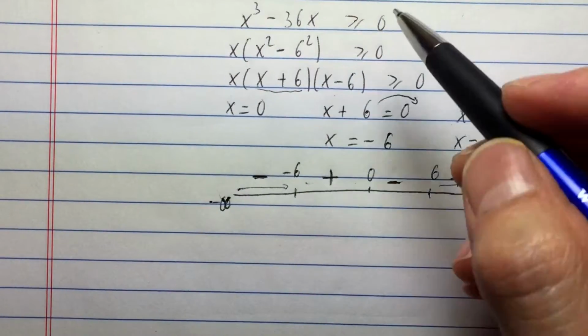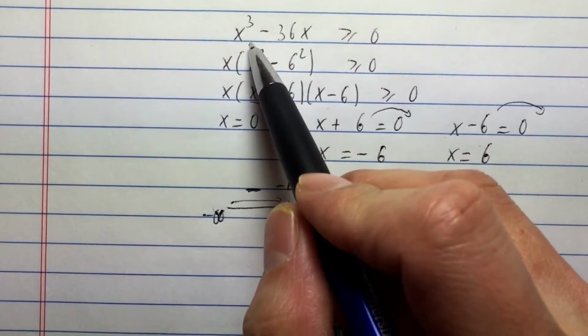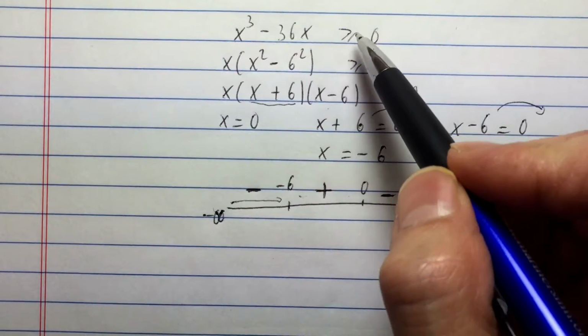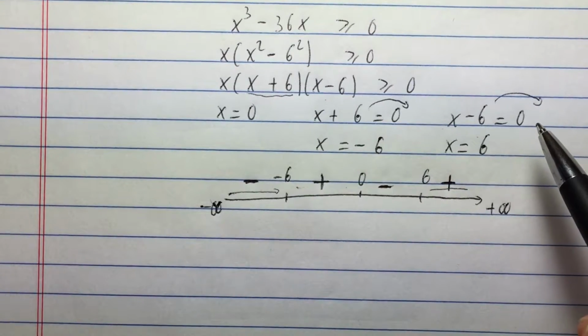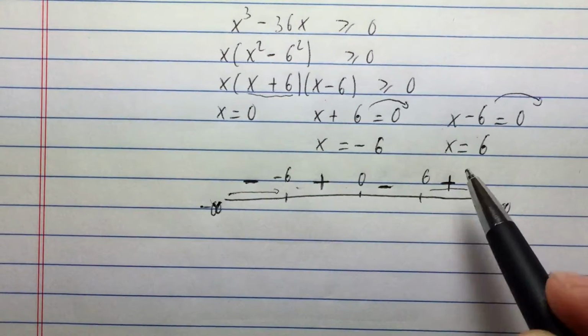Okay, so now my inequality is x cubed minus 36x greater than or equal to 0, so I only choose the positive regions.